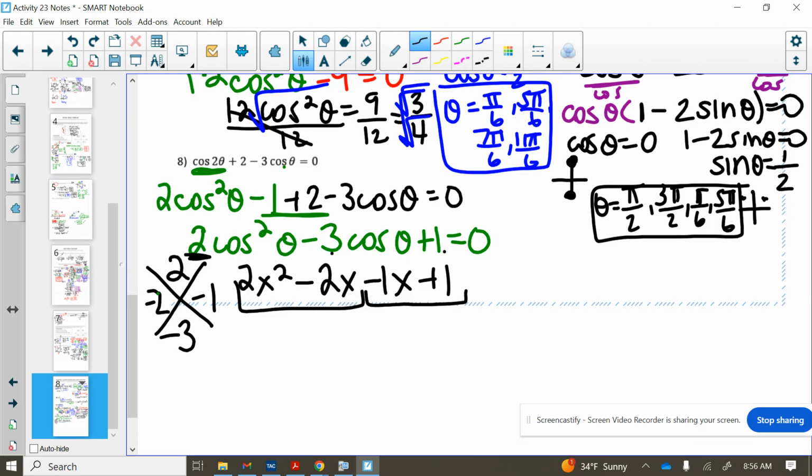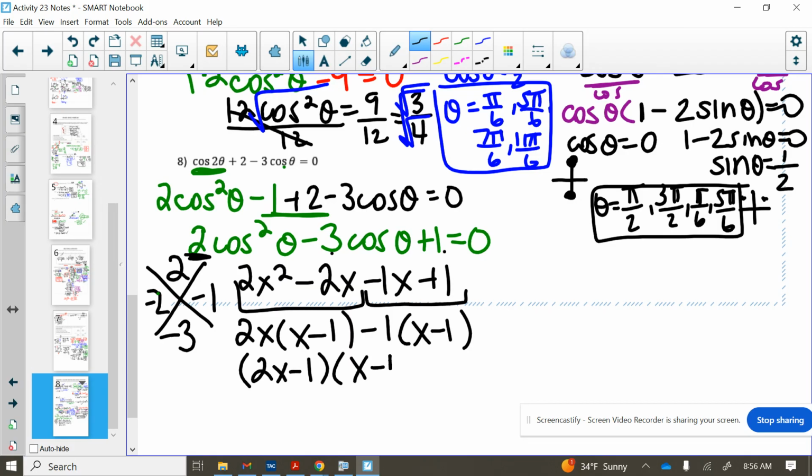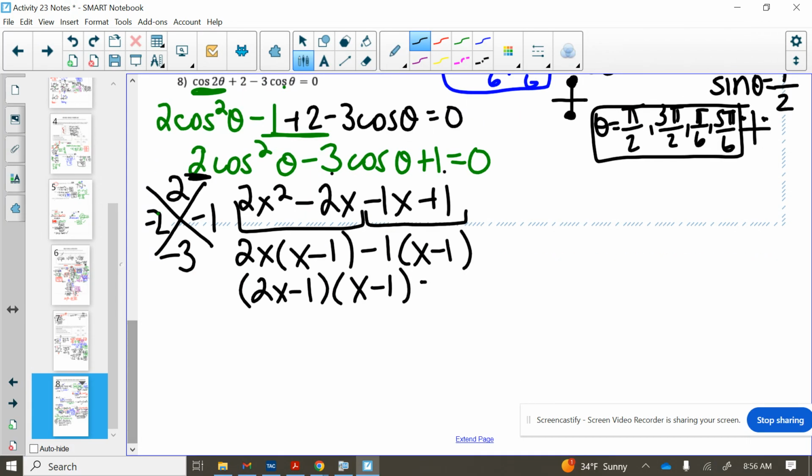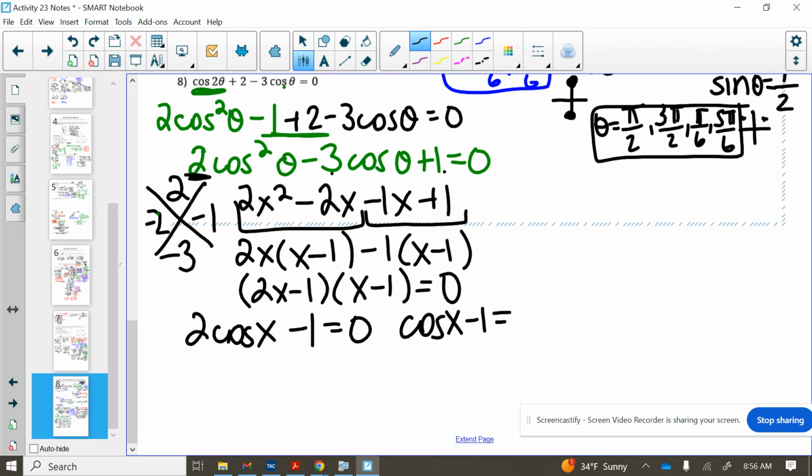So next thing we are going to do, take out a GCF. We have a 2x we can take out of the first part, a negative 1 out of the second. So we end up with 2x minus 1, and x minus 1 as our two factors, aka where does 2 cosine x minus 1 equal 0, and where does cosine x minus 1 equal 0? Because again, we're speaking in terms of cosine.